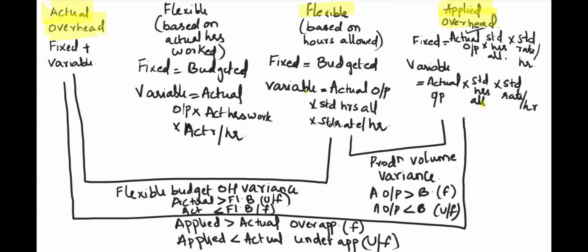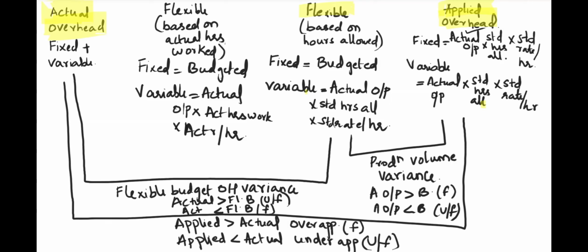This was my two-way variance: flexible budget overhead and production volume. Now let's take a look at the three-way variance, that is the difference between the flexible budget based on actual hours worked and the flexible budget based on hours allowed. Here fixed overhead is the same.